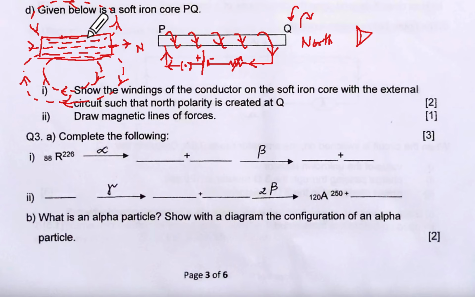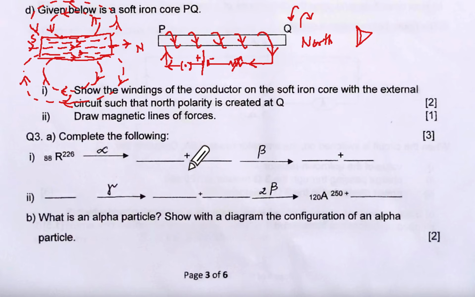Make sure that these lines don't touch each other, don't cut each other. If they cut each other or touch each other, you will get a straight zero. Inside you will have to show the arrow this way, because inside the magnet the magnetic field lines go from south to north.